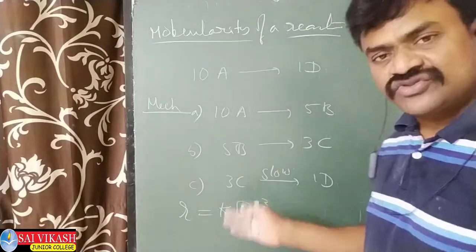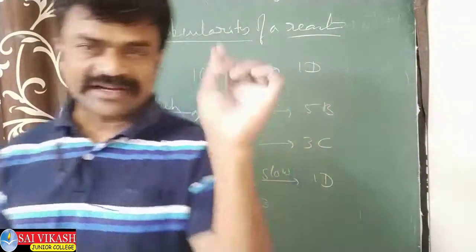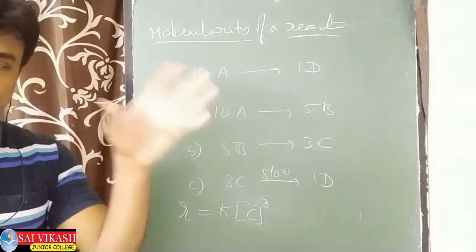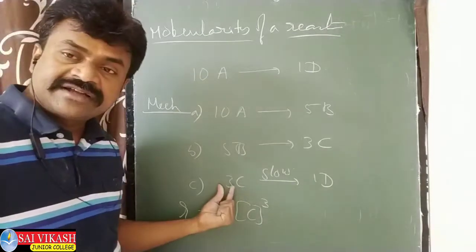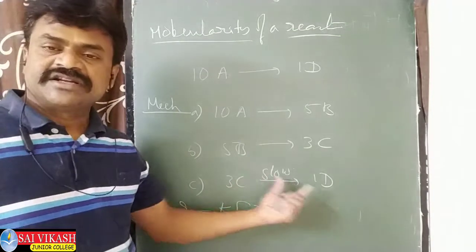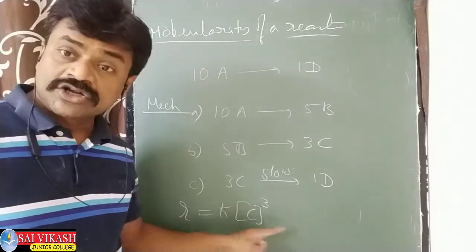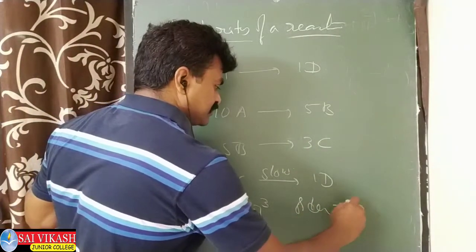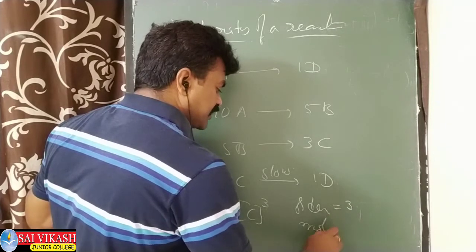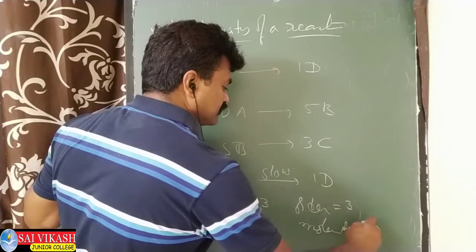In this case, 3 atoms. Number of atoms only, not moles. Here 10 atoms of A I have taken. Here 3 atoms of C participated. So molecularity 3, order also 3.